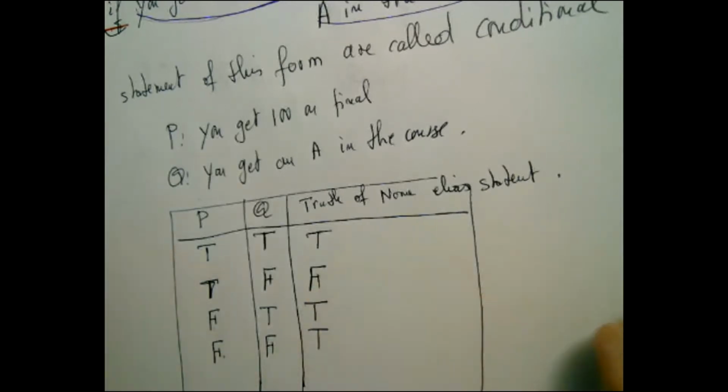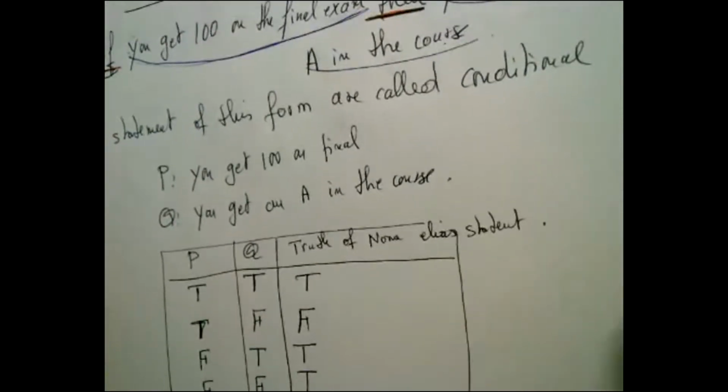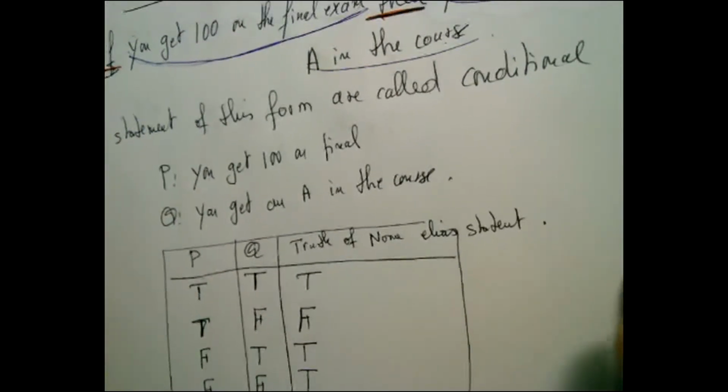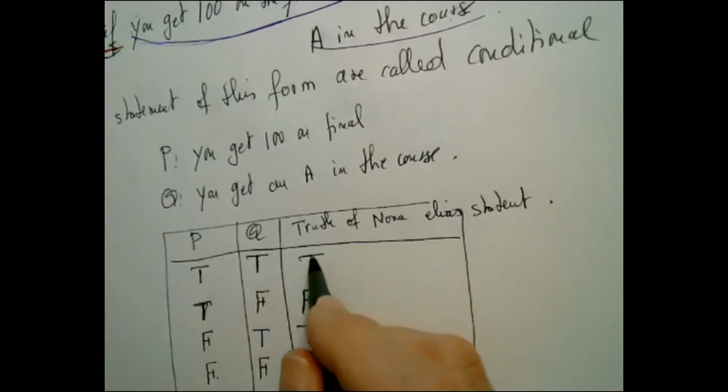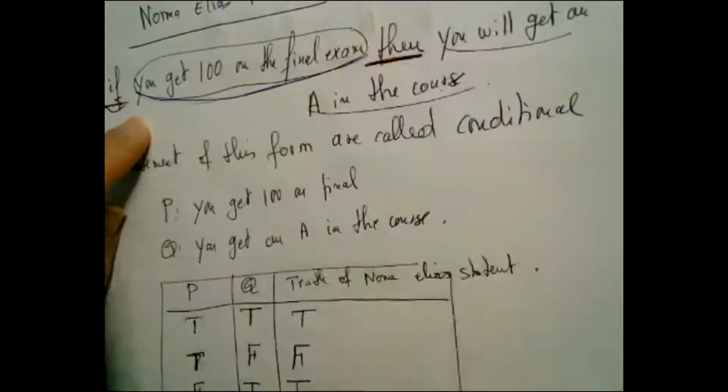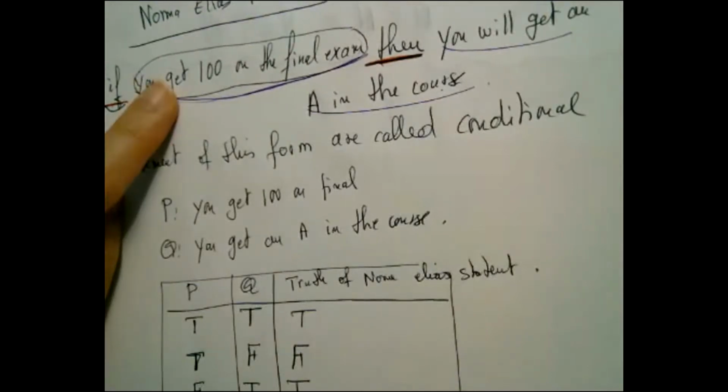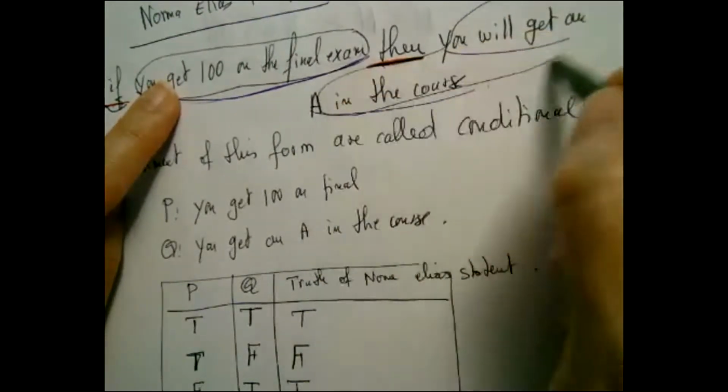So this will motivate the idea of if P then Q, that we will write in a second. If then tells me that if this condition is satisfied, then this would be satisfied.